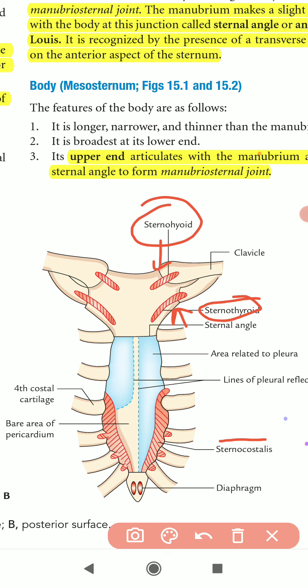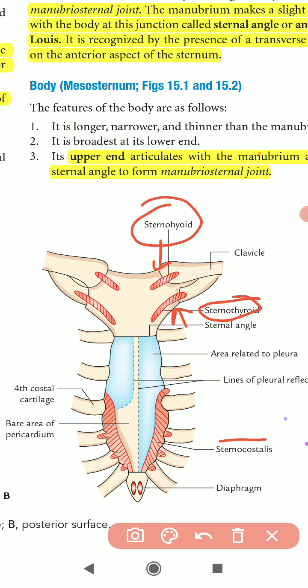But when we use the term relation, it means structures that are closely situated to a bone but not attached, and can be separated. Now we will learn about the relations of the posterior surface of the manubrium sterni.